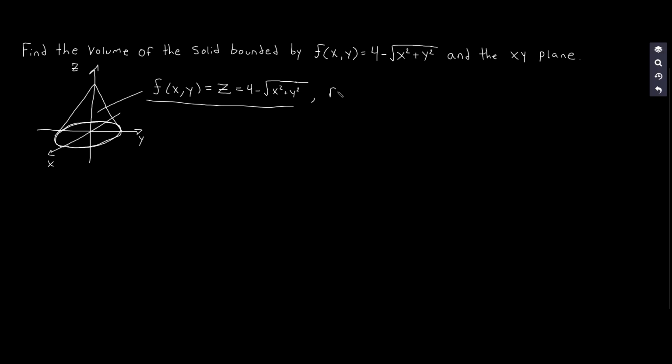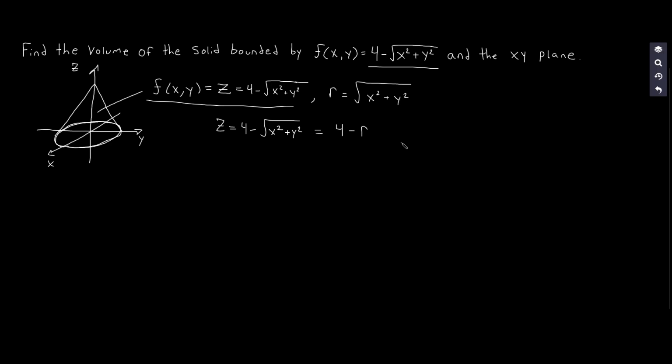So we know that r equals the square root of x squared plus y squared. And so if that's true, then we can look at our equation here, right? We can look at this 4 minus the square root of x squared plus y squared, and we could say, well, if z equals 4 minus the square root of x squared plus y squared, we could rewrite that as 4 minus r.